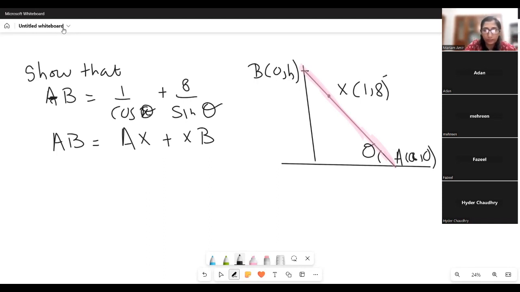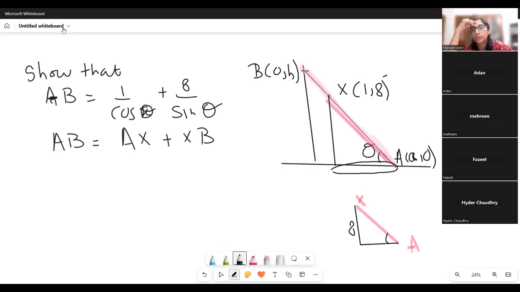Now let's take a look at AX only. AX has a theta here. The height is 8.